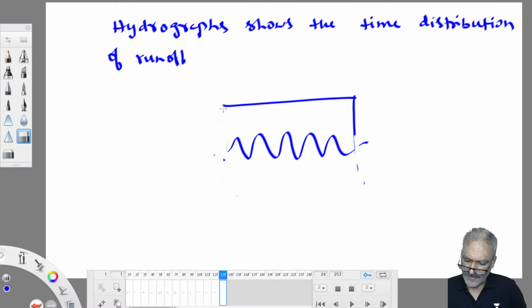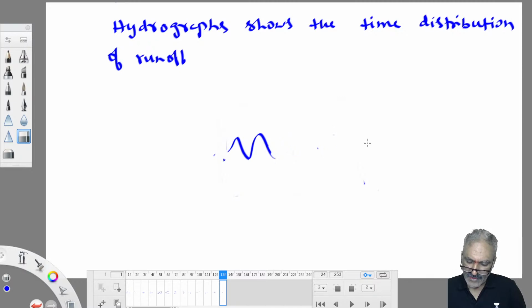How exactly is this important to a doctor? Exactly the same is the hydrograph for an engineer. How does the catchment respond to the given rainfall? The hydrograph is the measure of the response of a catchment for a given rainfall, whether it is properly responding to that rain or not.